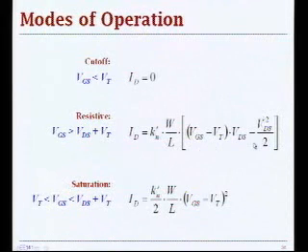In this case, mostly VDS is small, so this term can be neglected, and you have really a linear relationship in VDS. It's a second order term. And then you have the saturation region, in which case you have quadratic dependence.